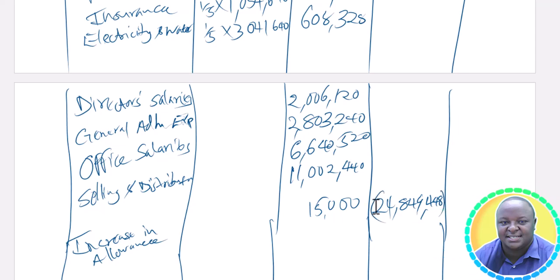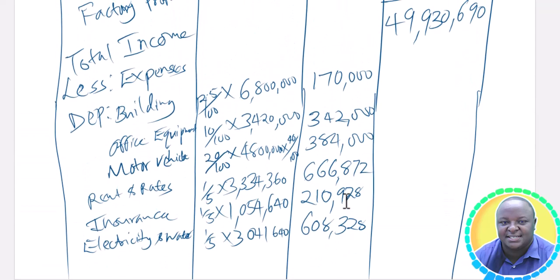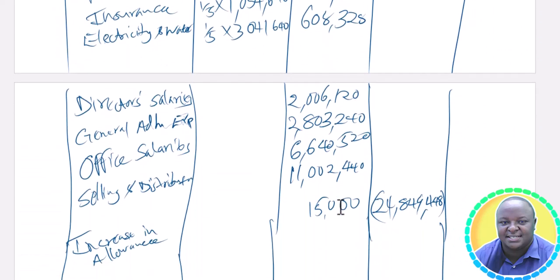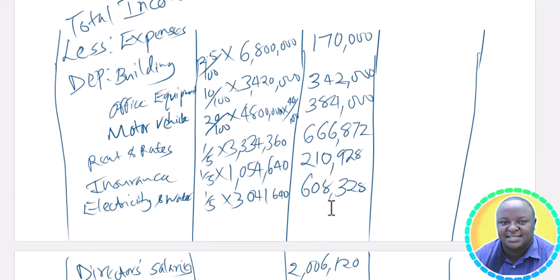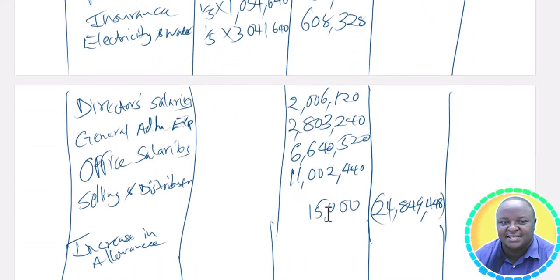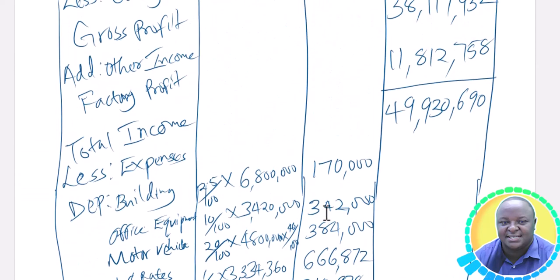You can confirm if you add all the expenses from depreciation onward, you will get 24,849,448. So you less the total expenses from the total income.